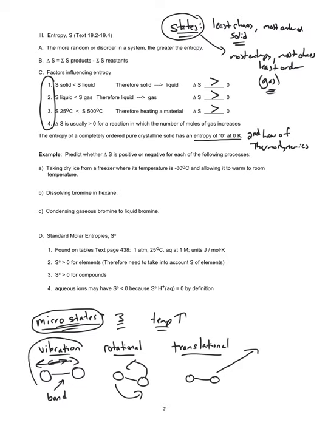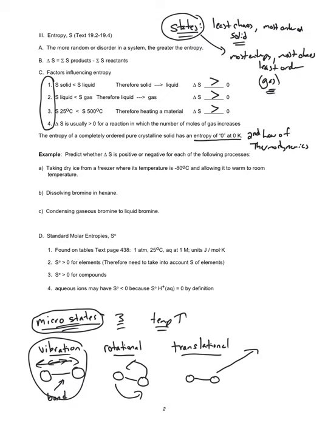Along with just being able to vibrate, now they're able to actually rotate and also move in translational directions, and that causes an increase in the number of microstates, and therefore there's more chaos in the liquid state than solid state. That also increases going from the liquid to gas state.